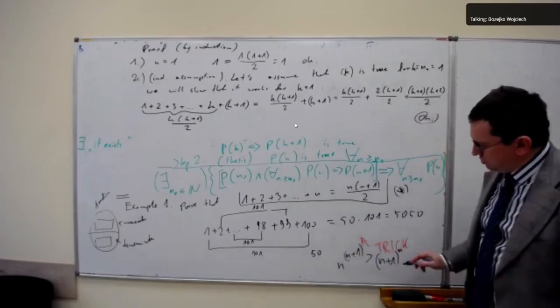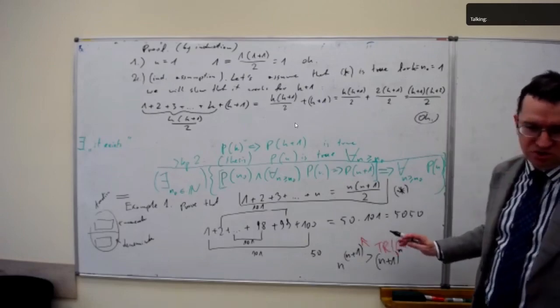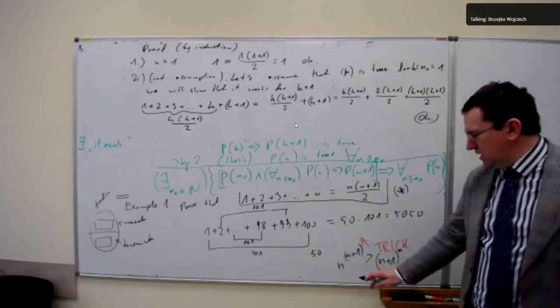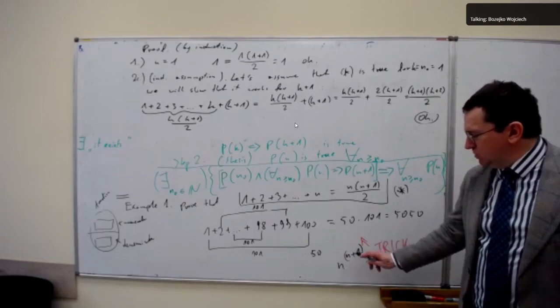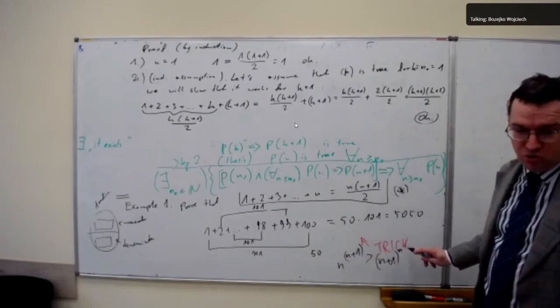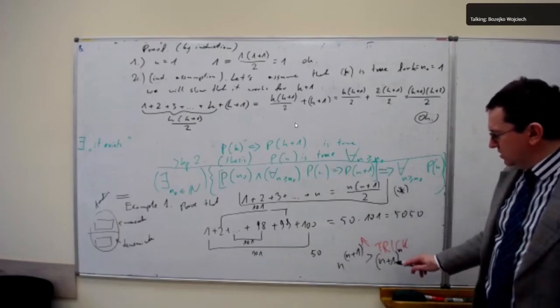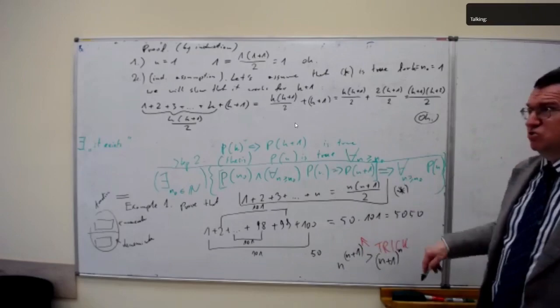I suppose that such an equation works from some place, not necessarily from 1, because for 1 here is 1 to the power of 2, and here we have 2 to the power of 1. So this is not true. But for 2, we have 2 to the power of 3, so this is 8, and here is 3 to the power of 2, this is 9, also does not work.